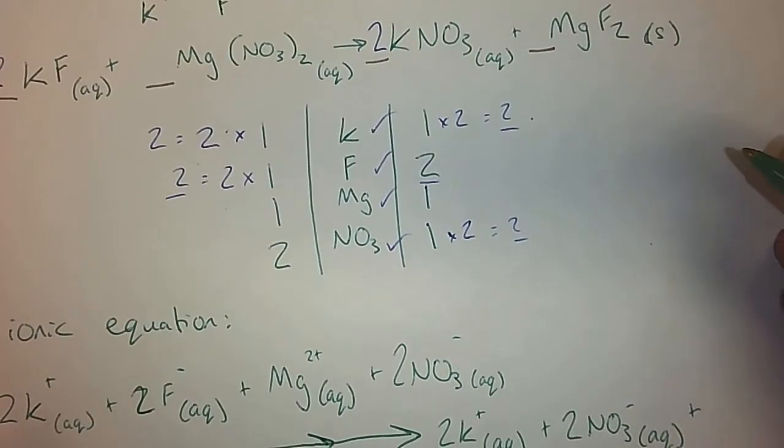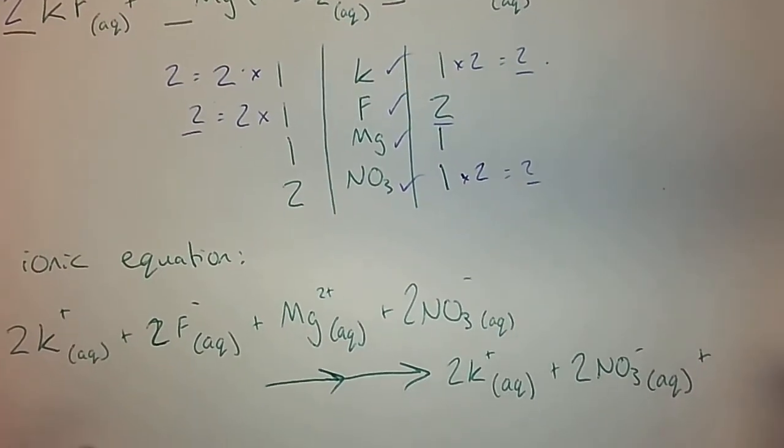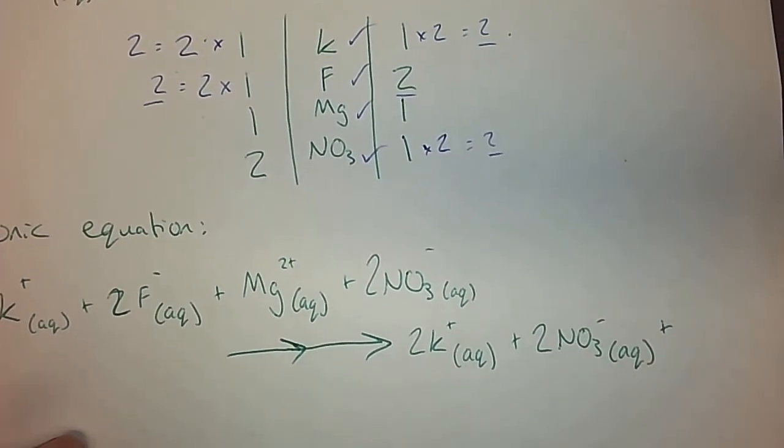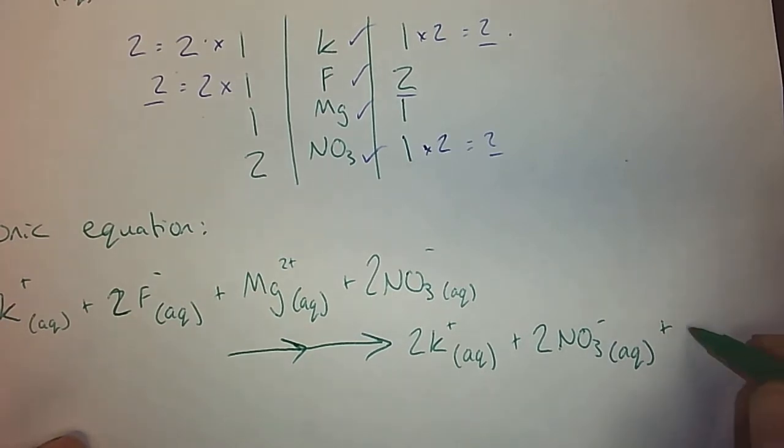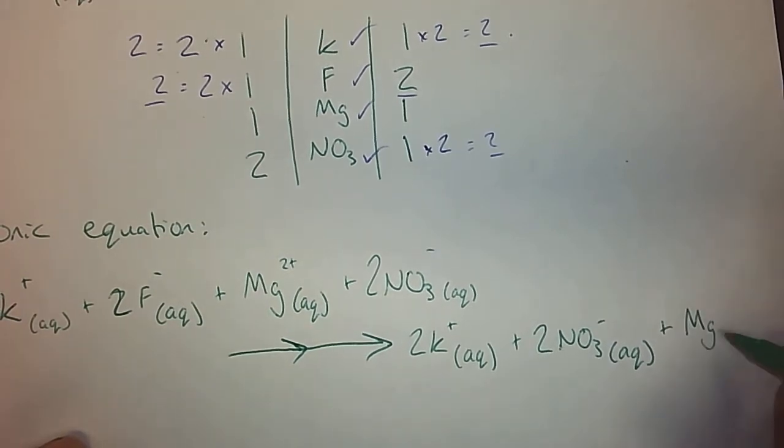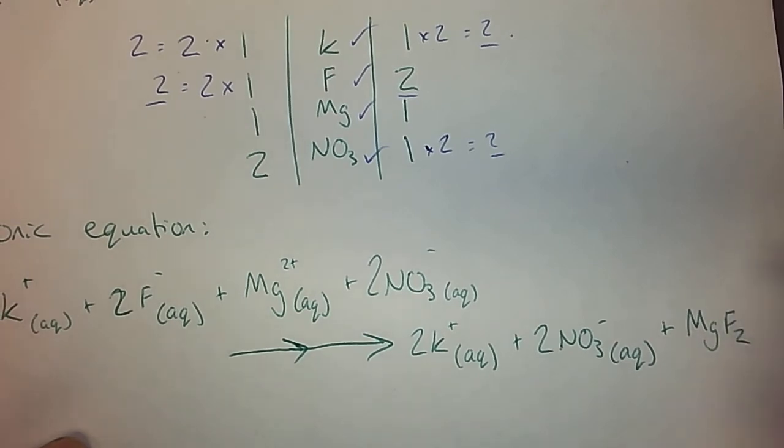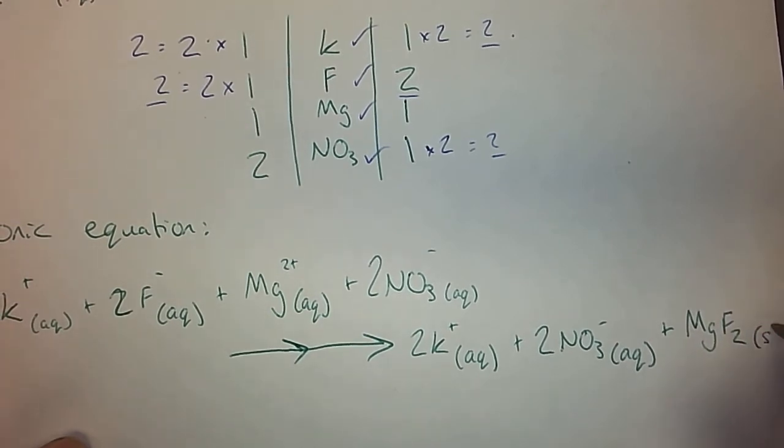Because remember that the magnesium fluoride is solid, and therefore it does not form an ion. So it looks exactly the same as the molecular formula, okay? So it's just MgF2 because it can't separate into its ions.